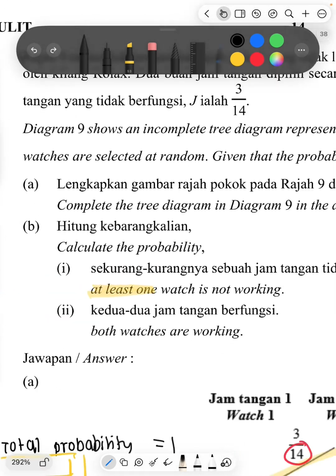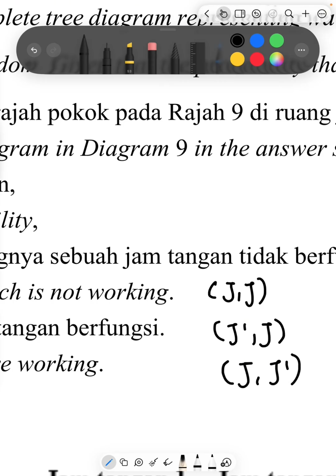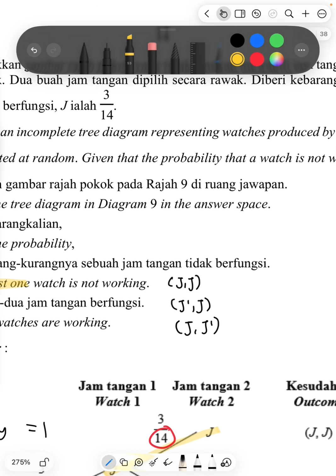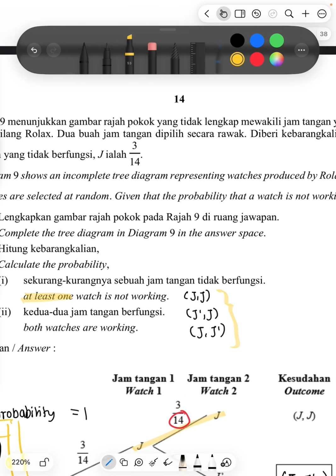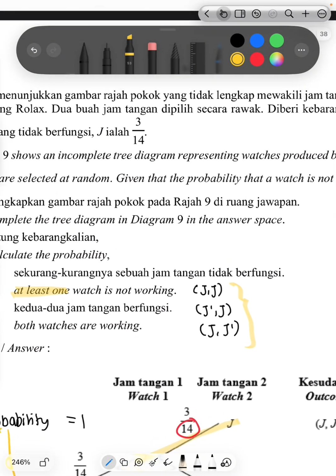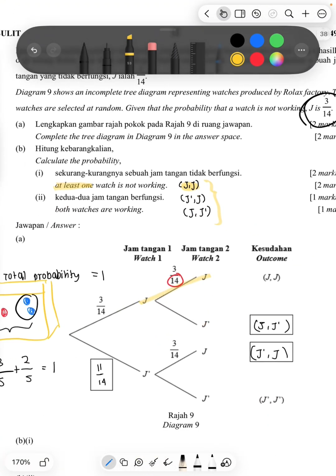What I'm trying to say is that you can get JJ, J prime J, and J J prime, because all of this is the probability of at least one watch is not working. Meaning that even if all watches are not working, it's still acceptable.